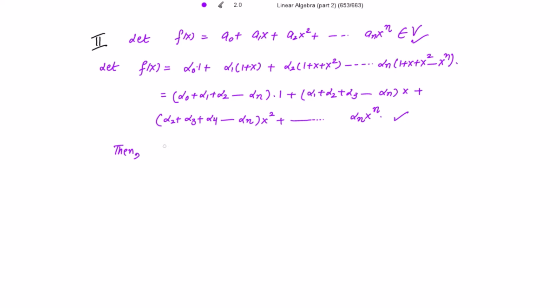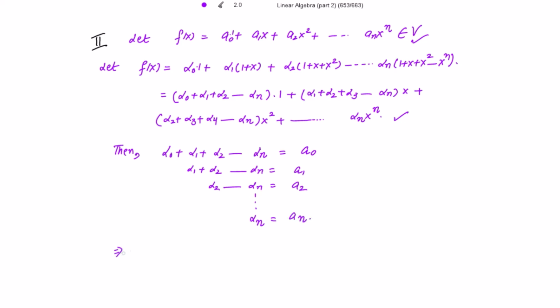So on comparing, the coefficient of 1: alpha naught plus alpha 1 plus alpha 2 up to alpha n is equal to a0. The coefficient of x: alpha 1 plus alpha 2 up to alpha n is equal to a1. Then alpha 2 up to alpha n is equal to a2, and so on, until alpha n is equal to an.